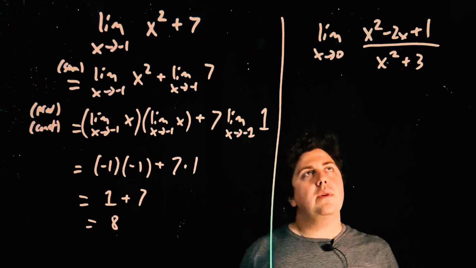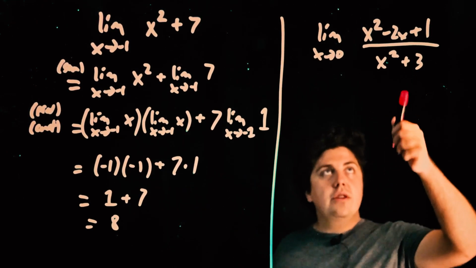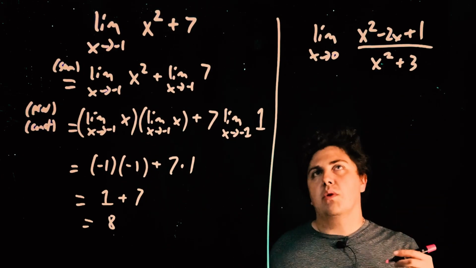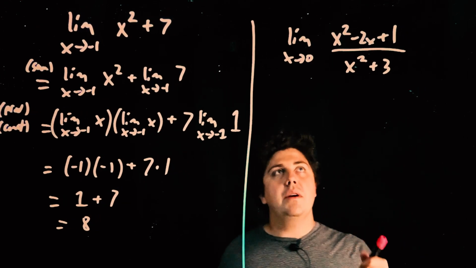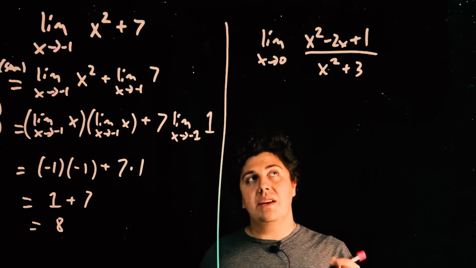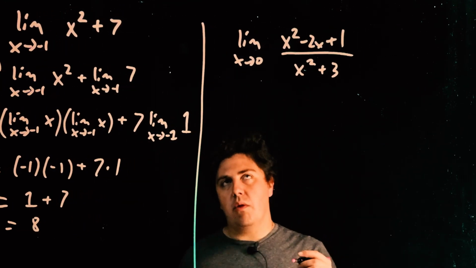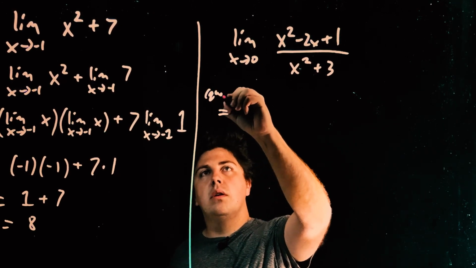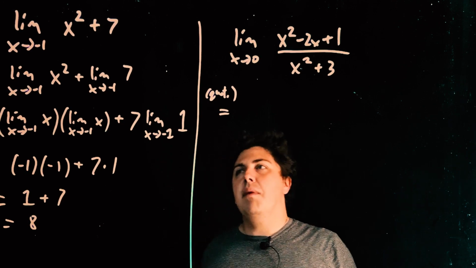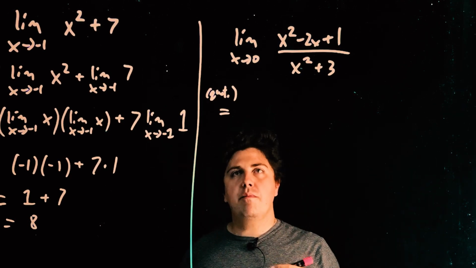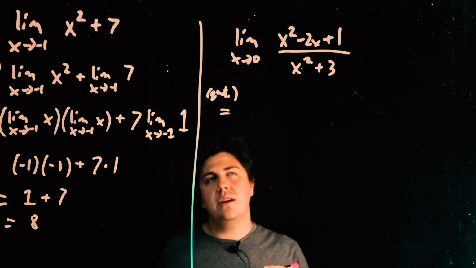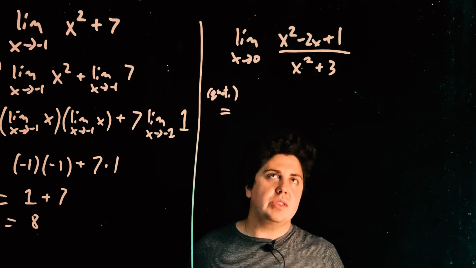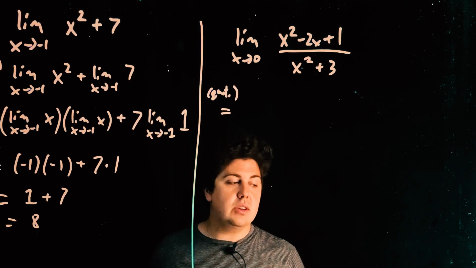Now, what can we do here? We have a quotient of these two functions, and we're going to see as we go that the limit of both the top and the bottom is going to exist, and the limit of the bottom is not going to be 0. So we're going to be able to use the quotient limit law. And by the way, I'm just putting in rough point form what limit law I'm using. There's no exact precise way of how to justify these things.